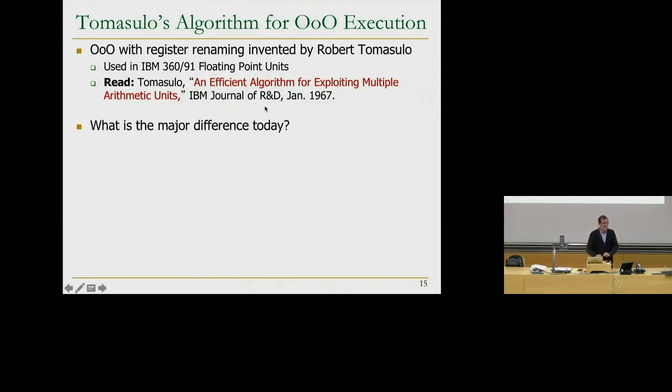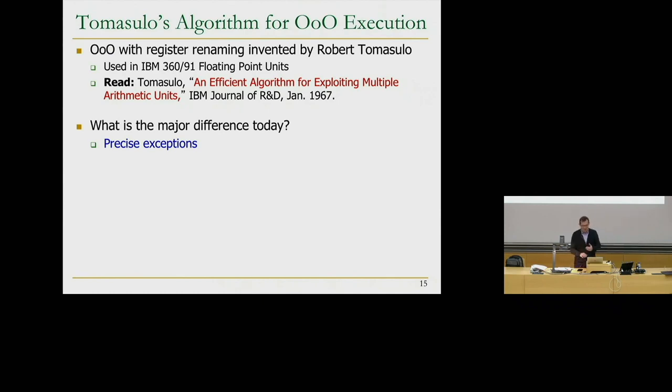The major difference today is that for about 20 years or so, this was a good algorithm, but it was very difficult to employ in practice because people didn't incorporate precise exceptions into it. So things were getting out of order, and it was difficult to debug.